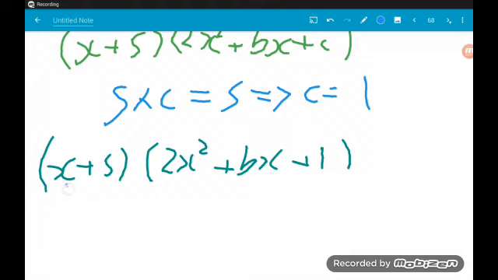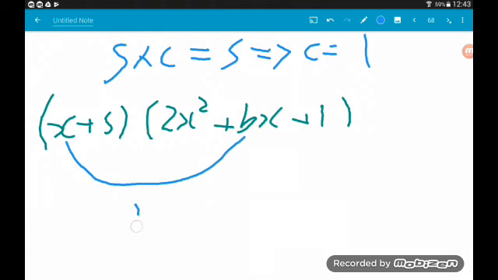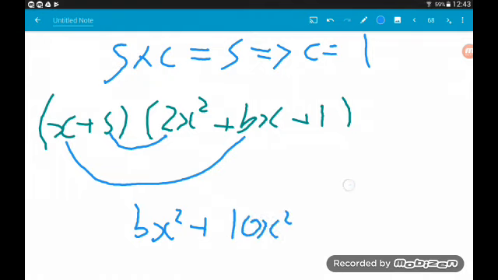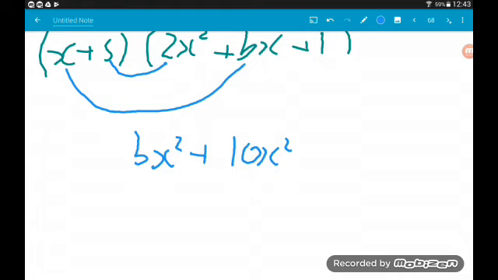So we would get x times bx, which is going to give us bx squared, and we're also going to get 5 times 2x squared. So we get bx squared add 10x squared, and we can factorise that to (b plus 10)x squared.